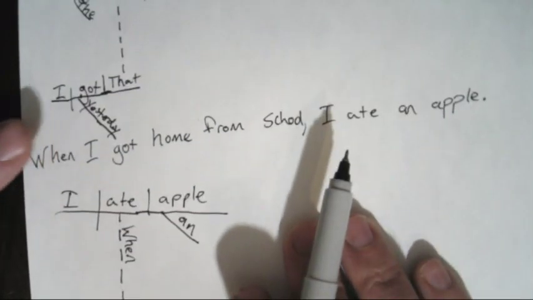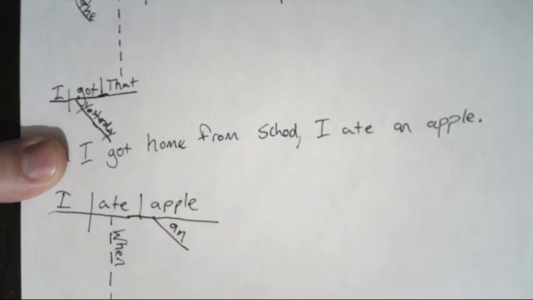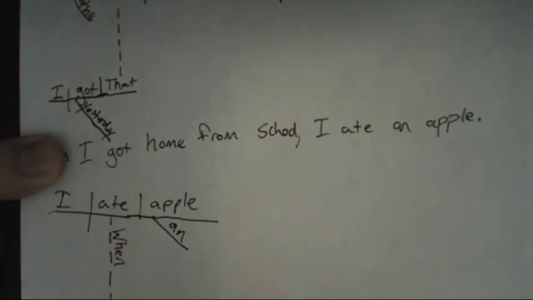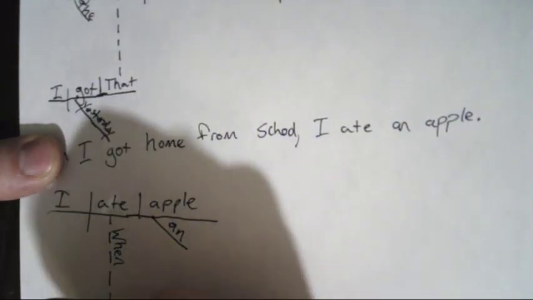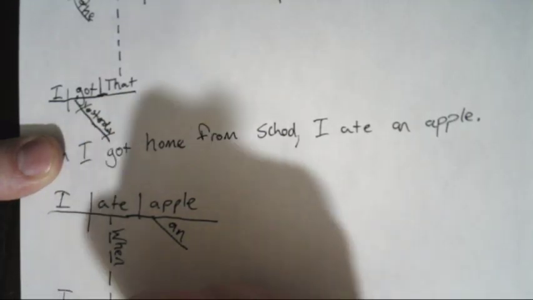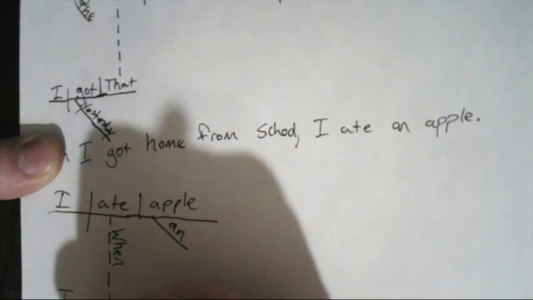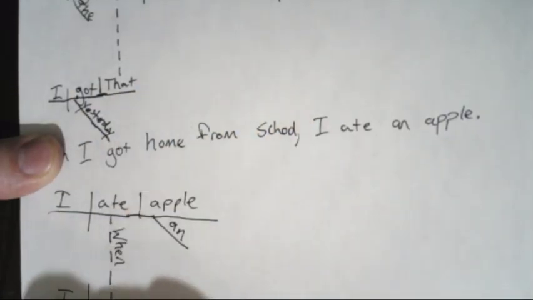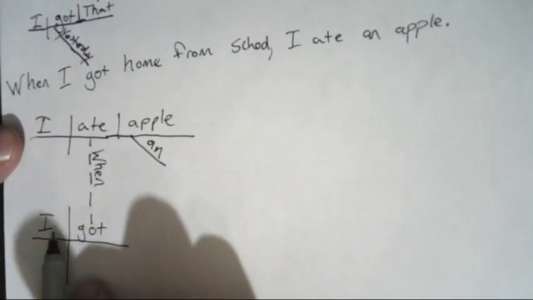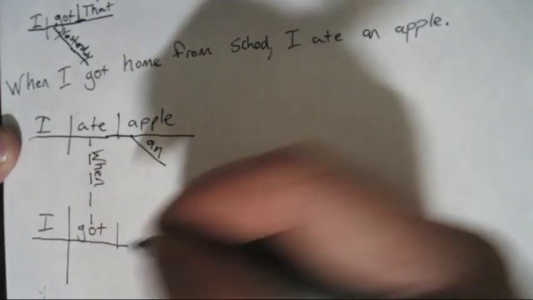Well, since we've taken care of when, we can put our thumb over that. I got home from school. That's a super easy thing to diagram. I is the subject. Got is the verb. And then we've got a direct object. Where did you get?